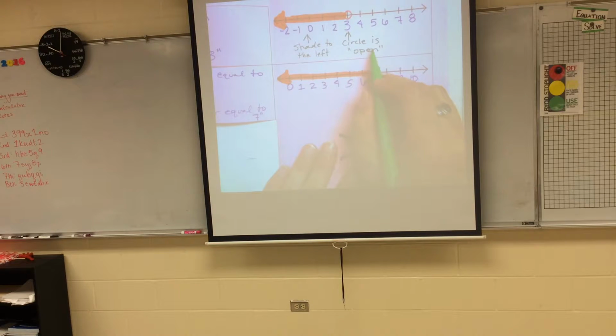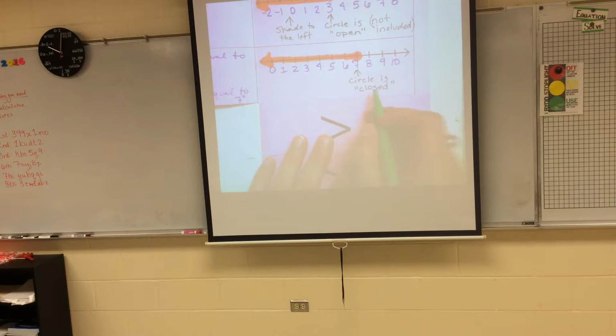So the circle is open, the number is not included. When my circle is closed, the number is included. And then we again shade it to the left.